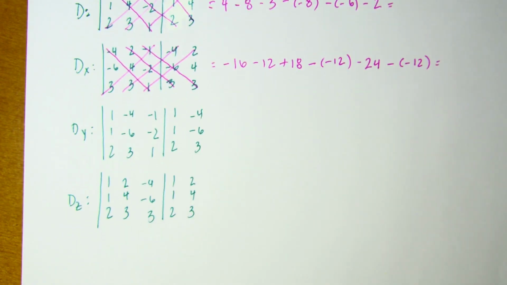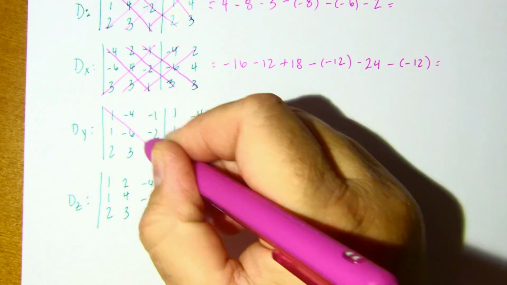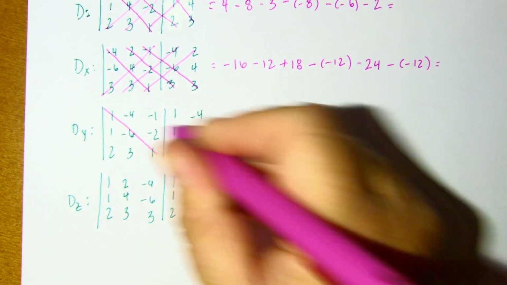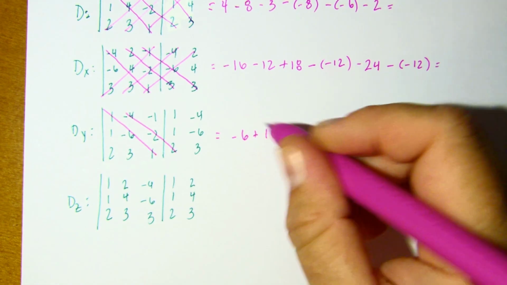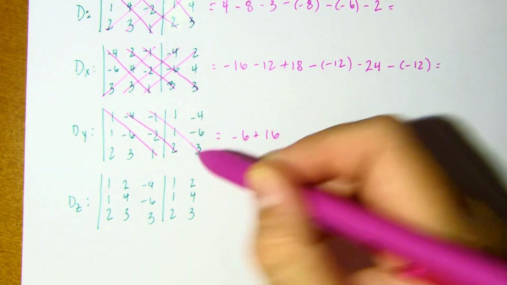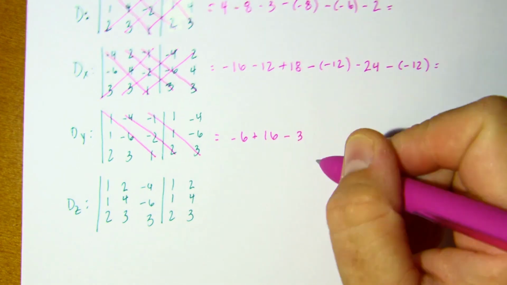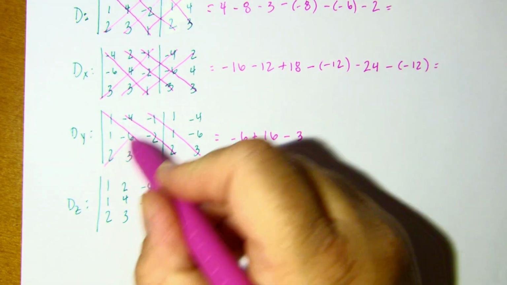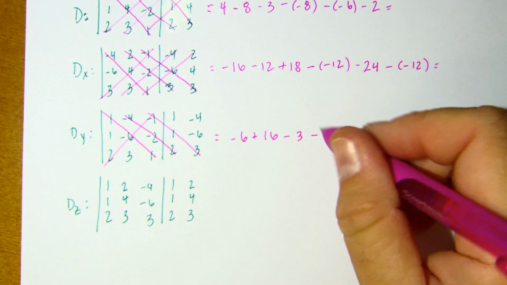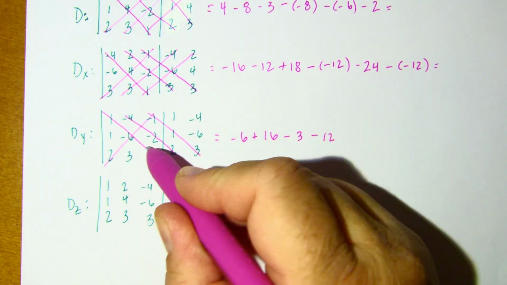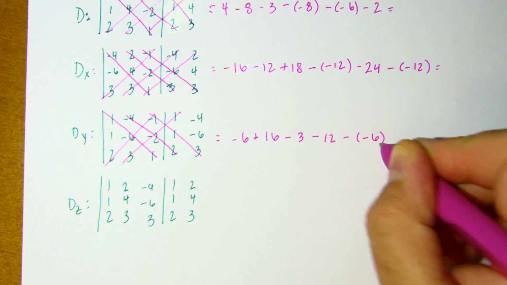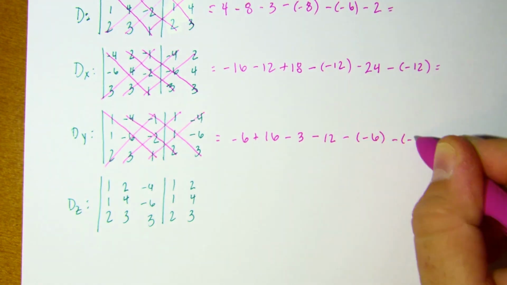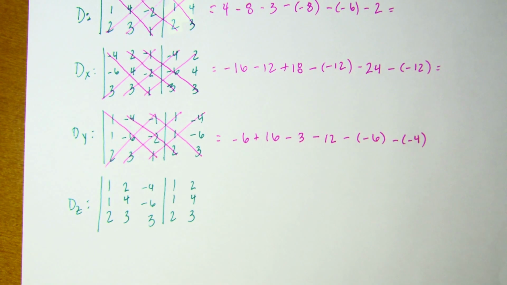Okay. And then the next one, -6 plus 16 minus 3. And then here, minus 12 minus -6 minus -4. Then we can total that.